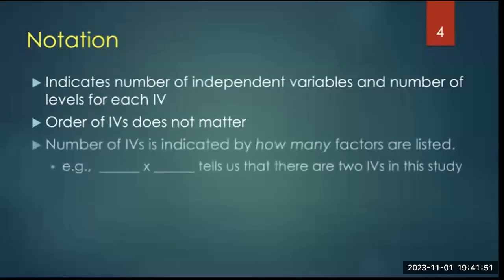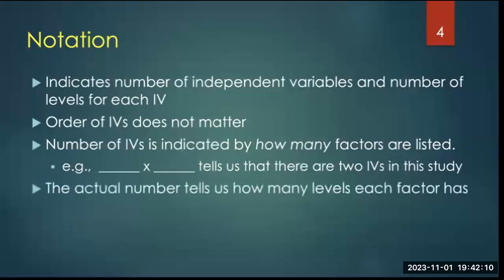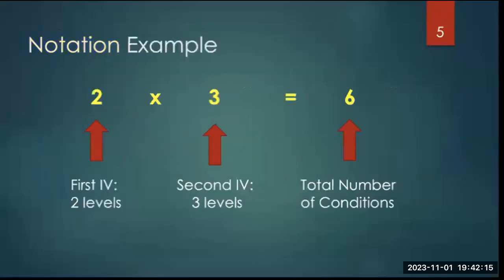That's up to the researcher. Usually they list it in order of importance. So the number of independent variables is indicated by how many factors are listed. Blank by blank tells you there are 2. If you see blank by blank by blank, then there are 3 independent variables. The actual number that you're reading tells you how many levels are in each independent variable.